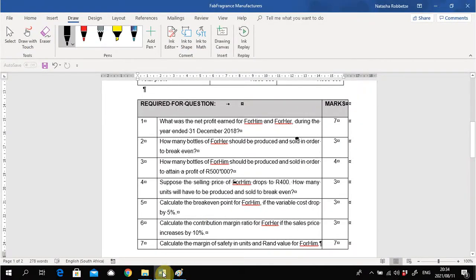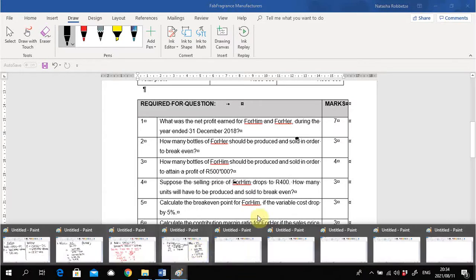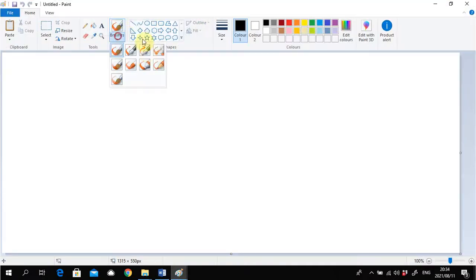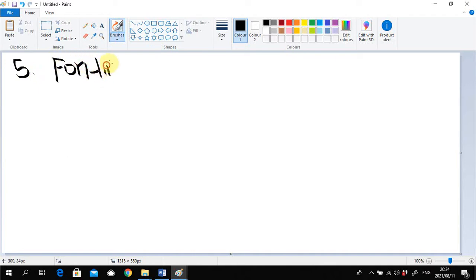Calculate the break-even point for him if the variable cost drops by 5%. Right, so we're still busy for him. So I'm just making notes for myself. We're on number 5. We need for him calculations. So for number 5, for him, I am going to say we need to go and see the selling price is 500 Rand.